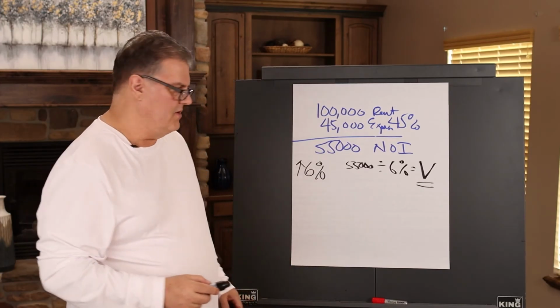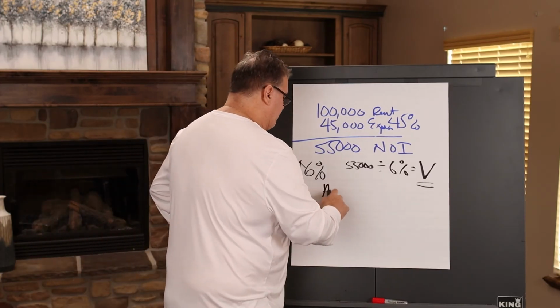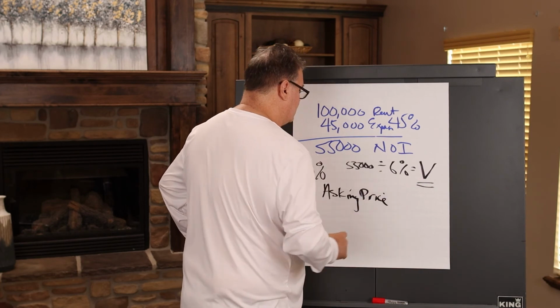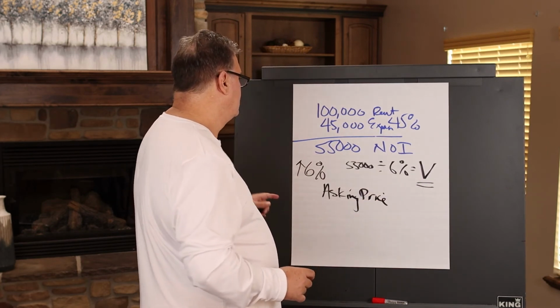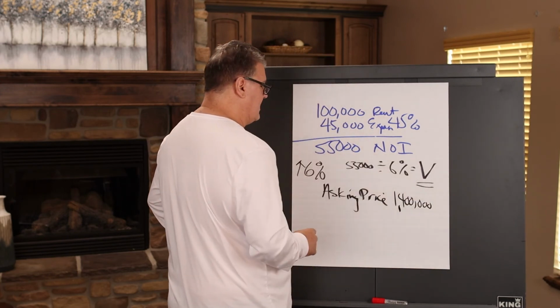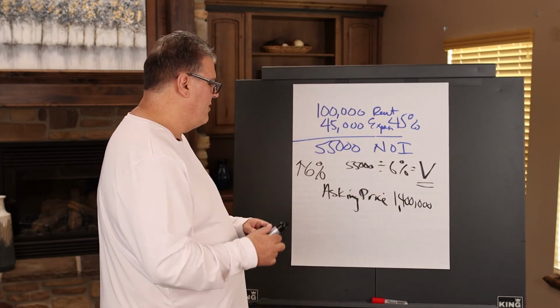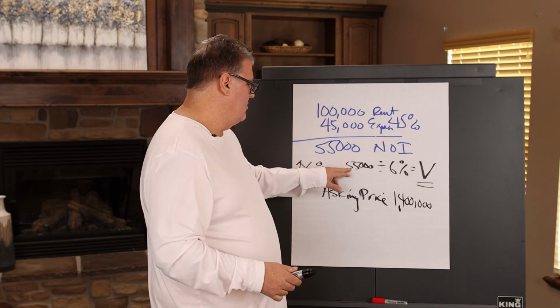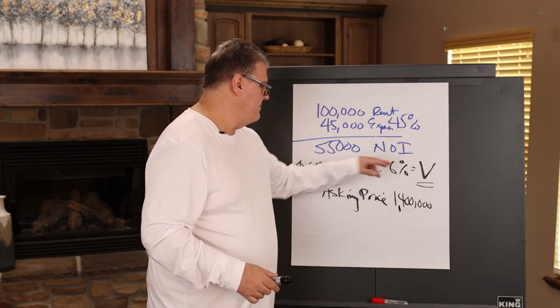What's the other way to do it? I take the asking price, which let's say on this particular deal is $1.4 million, okay? That's the asking price, and I could do the formula the other way. So let's start with this one, 55,000 divided by 6%.